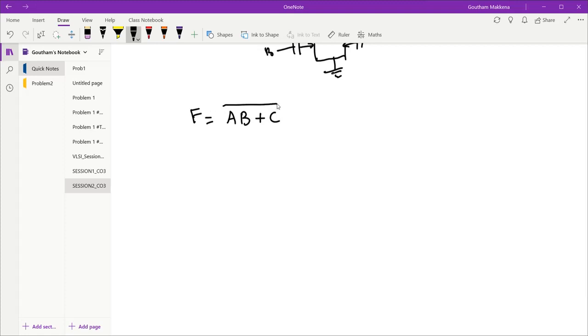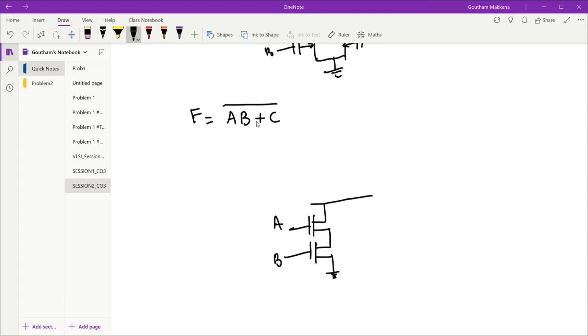Before drawing CMOS, I'll do the pull down network and pull up network separately. So let me draw the pull down network. Here A and B are being ANDed, so in pull down network AND operation corresponds to series transistors. So this is A and this is B.